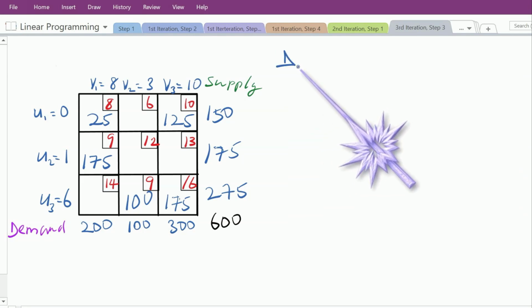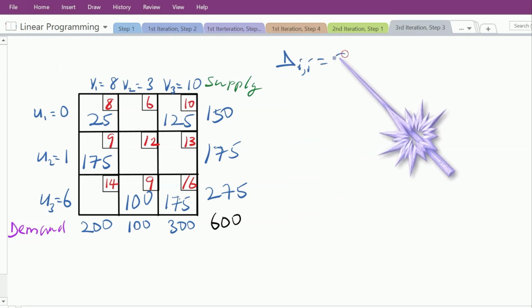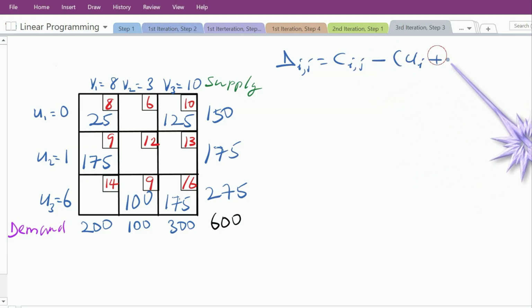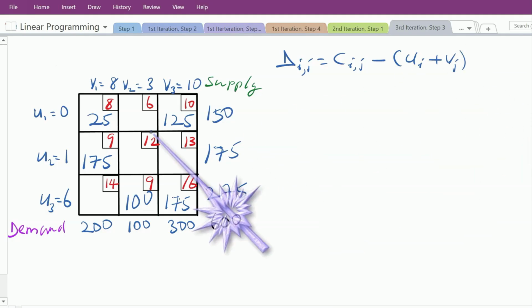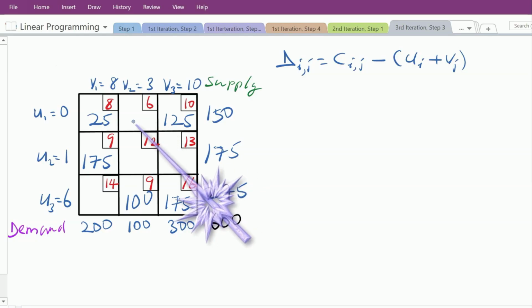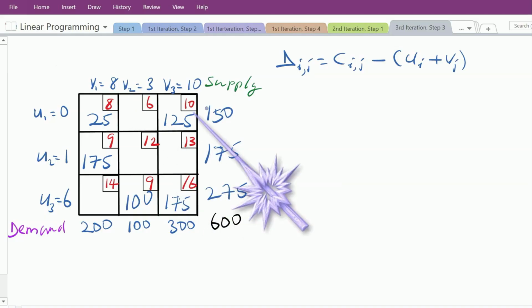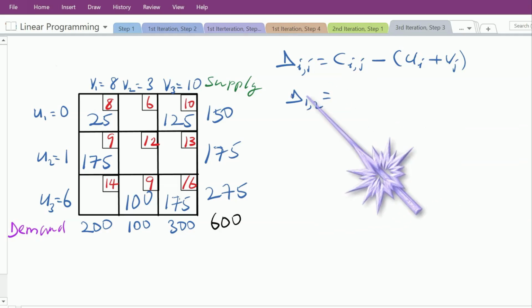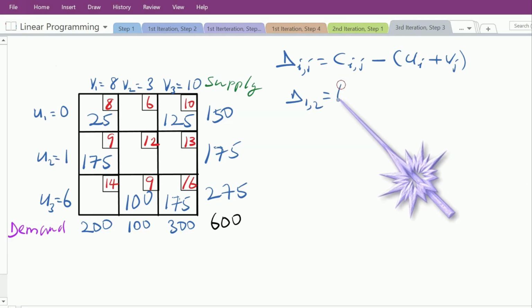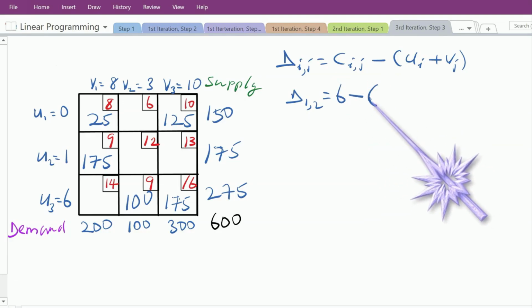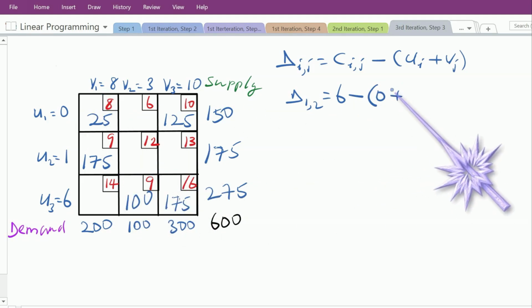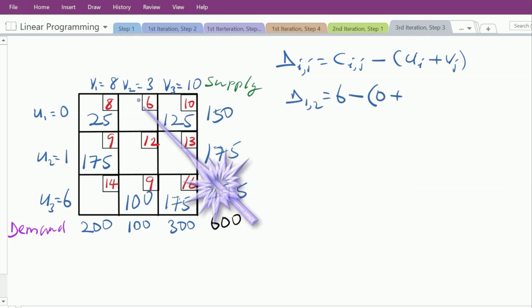Here, let us calculate the value for the delta ij. Remember, delta ij is equal to Cij minus the bracket of ui plus vj, for the unoccupied cells. So coming to this point, there is delta 1,2. Delta 1,2 is equal to Cij, which is this 6, minus bracket open U1, 0, plus V2, which is 3.